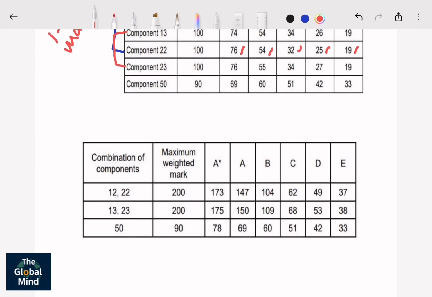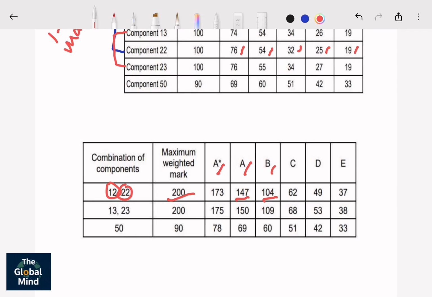Here, this is basically the combination of both components, component 1 2 and component 2 2. So the total marks are 200. You have to get 173 to get A star. You have to get 147 to get A, and 144 for B, and like this.